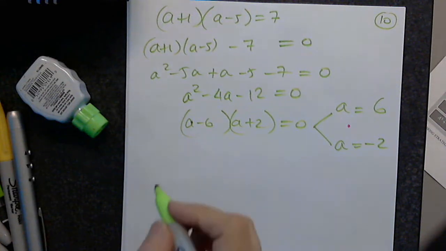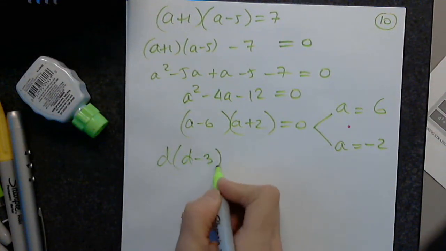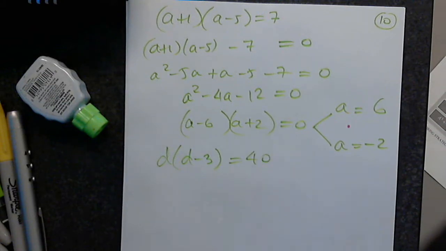Okay, next one, d times d minus 3 equals 40. Any suggestions with this problem?